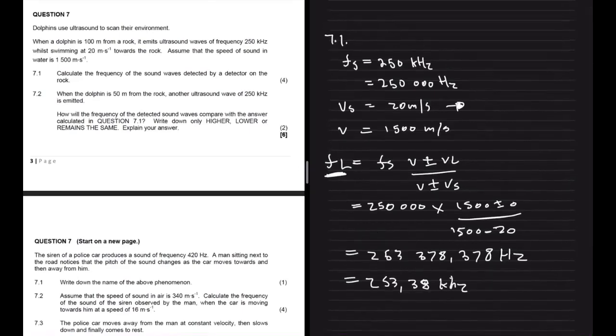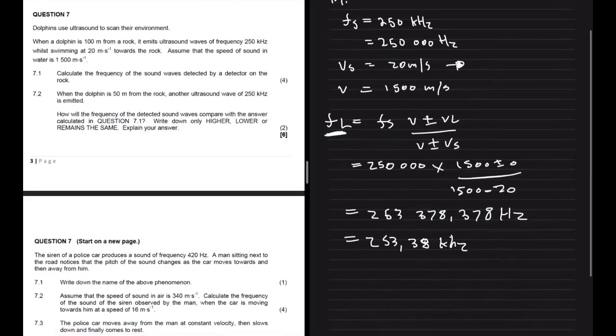That's it for this question. Maybe one thing that will have thrown you off is the speed of sound in water. That is 1,500. Maybe you are used to the speed of sound in air, and then you sub in 340 or 343, something around that, and then you're completely wrong.